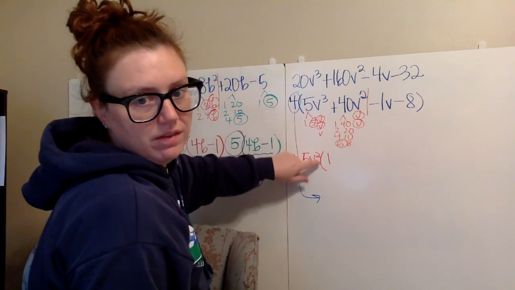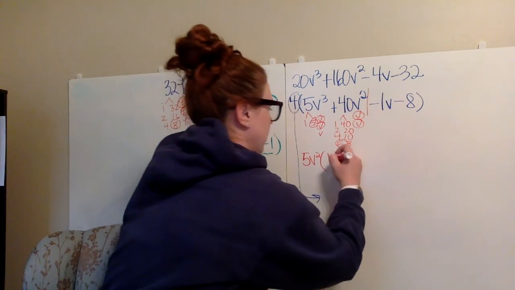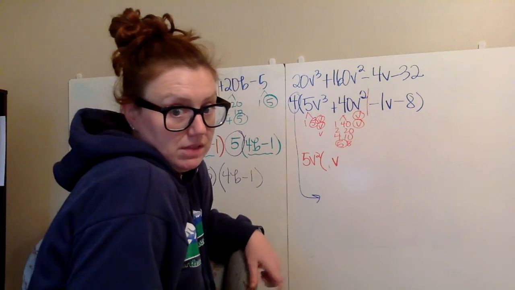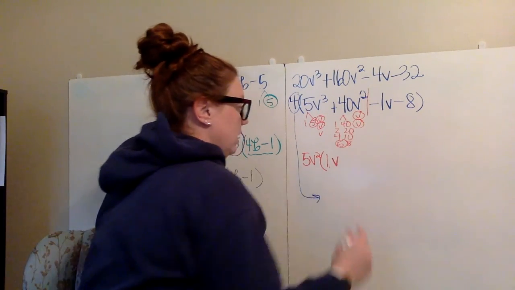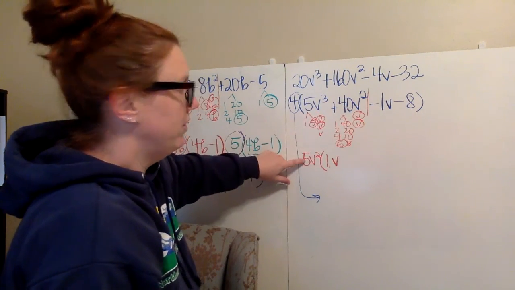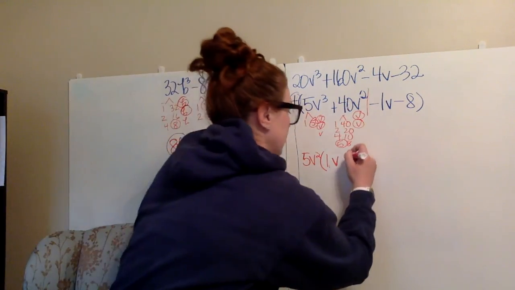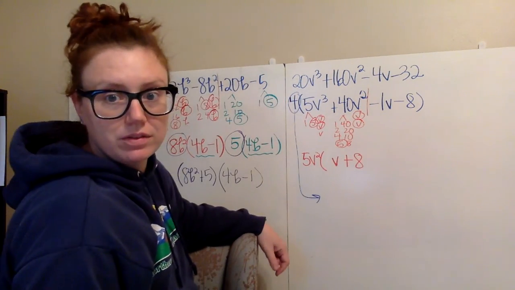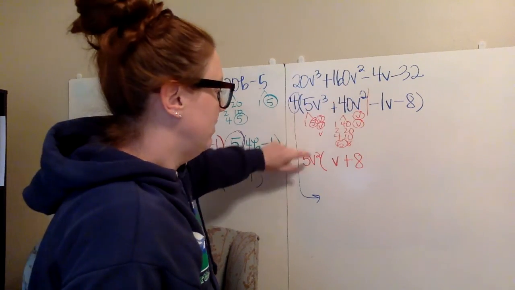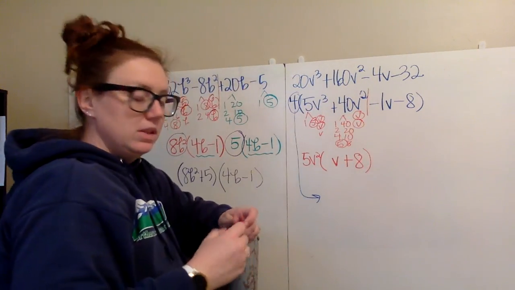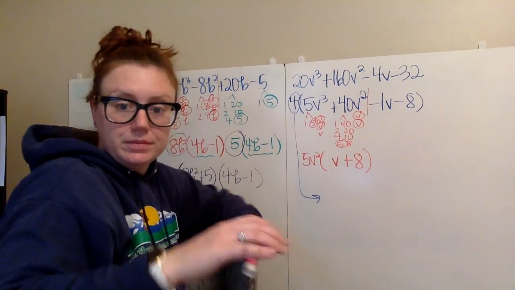V to the third divided by v squared is v. You don't have to have that 1 there. Just write v, that's fine. Add the 1 in, doesn't change anything. 40 divided by 5 is 8. And v squared divided by v squared cancels out. So I factored my first half.